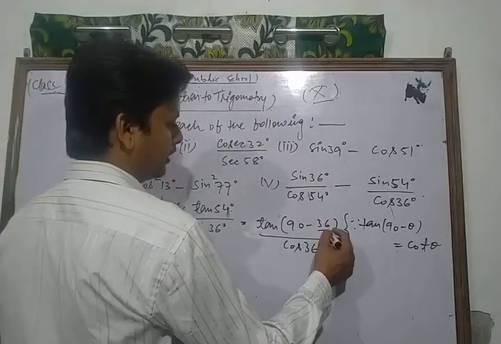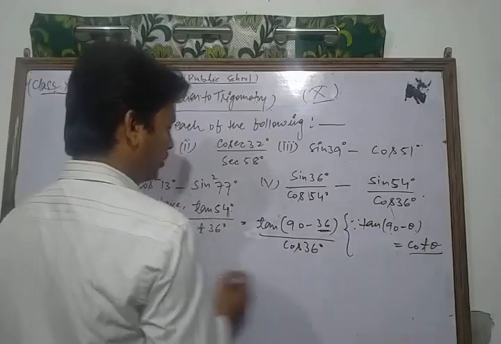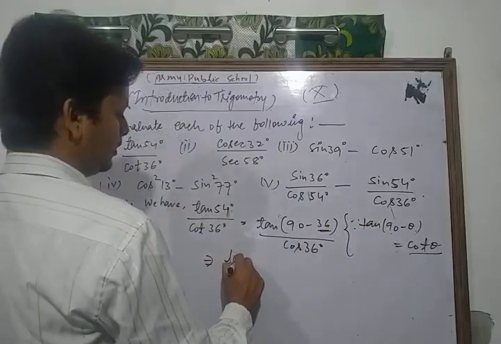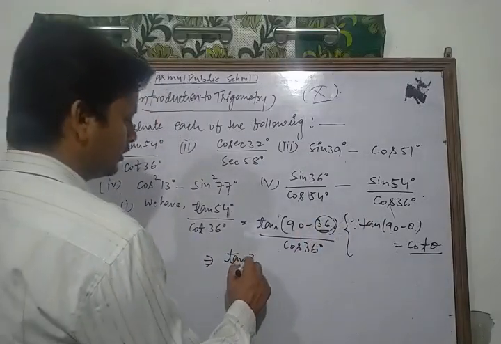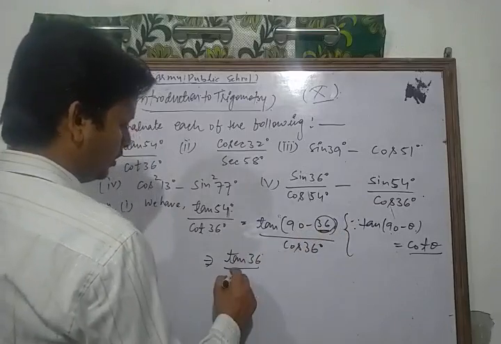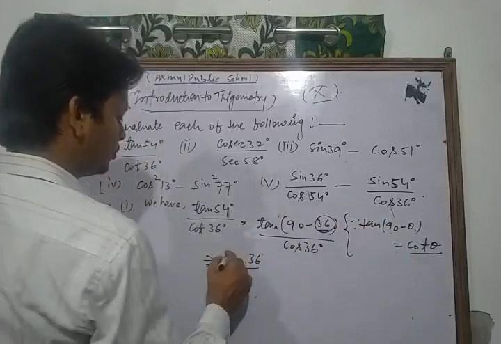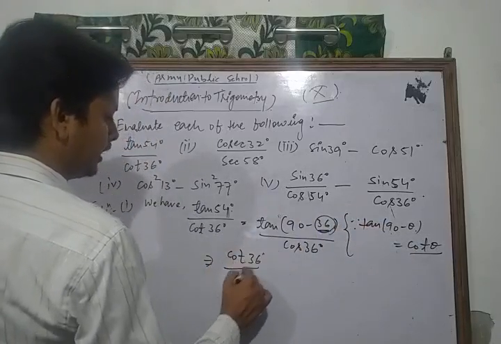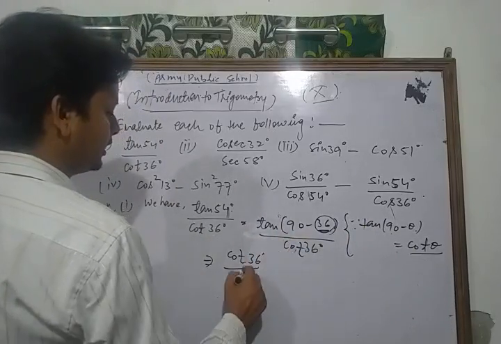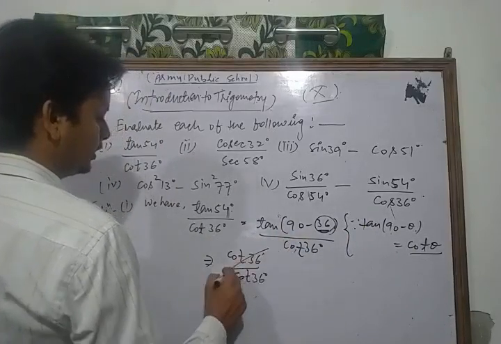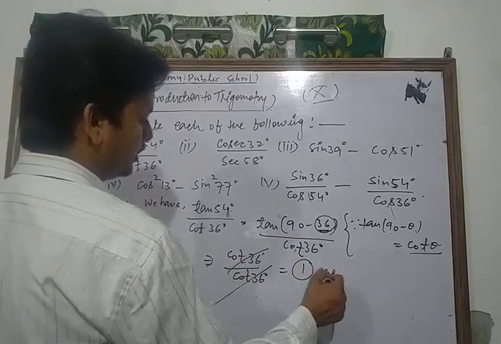Here theta is 36, so we can write cot 36 degree upon cot 36 degree. Now cot 36 cancels and we get 1. This is the required solution.